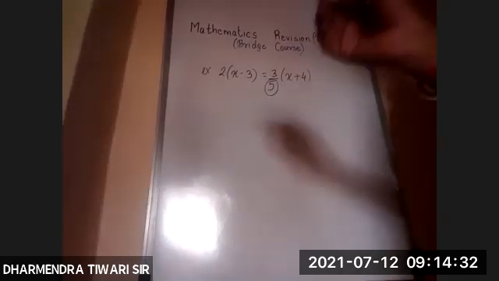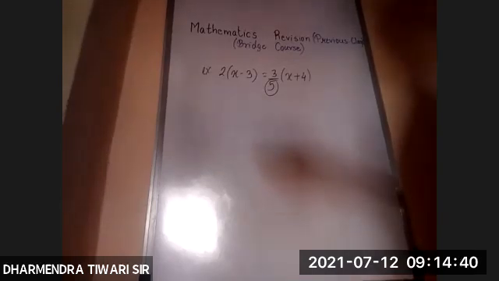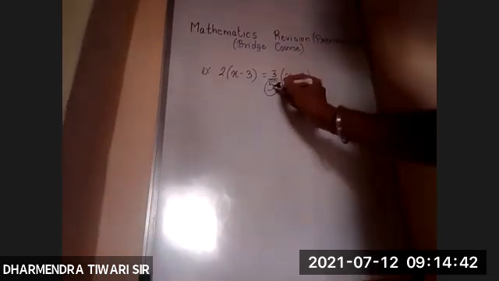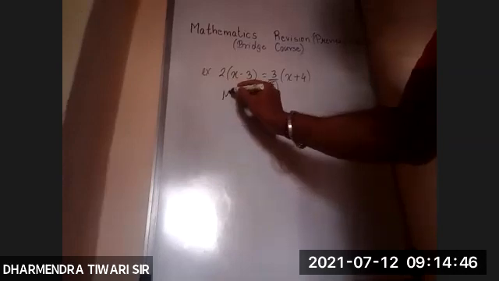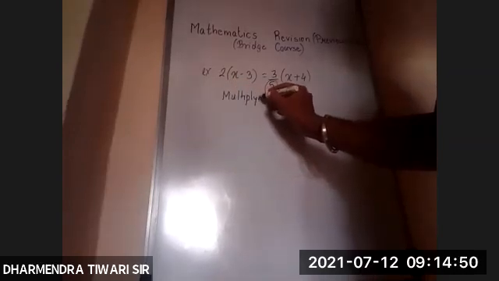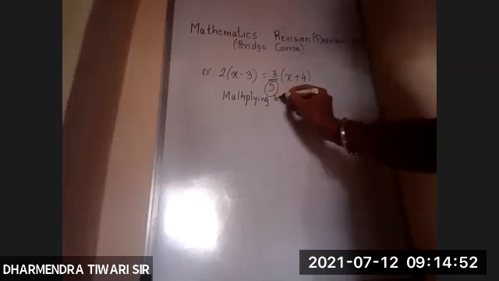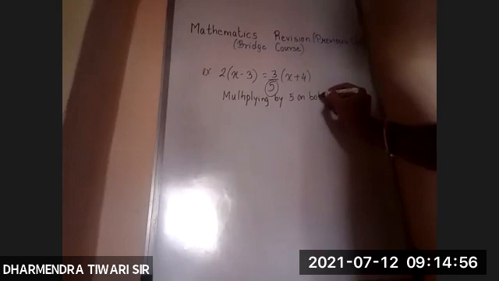The first expectation is that the equation should be without fractions. So remove all the fractions present. We want to remove this 5, so multiplying by 5 on both sides.